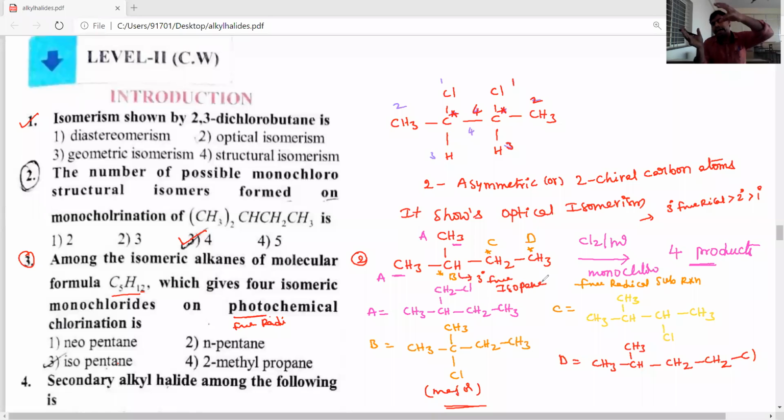At one end, 2 methyl groups attached to 1 carbon is called the iso group. So 5-carbon alkane has 3 chain isomers: n-pentane, isopentane, neopentane. n-Pentane on monochlorination produces 3 products. Isopentane produces 4 products. Neopentane produces 1 product only. So 4 products are required, which means the answer is isopentane.